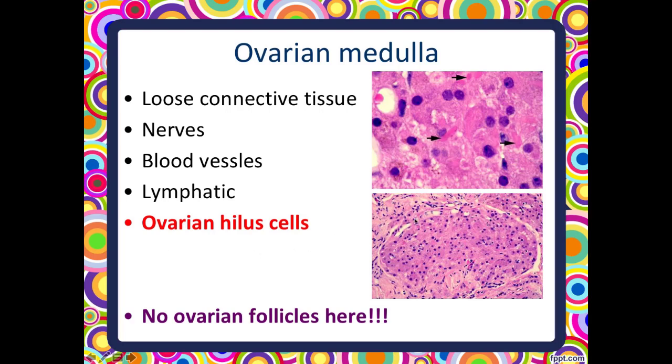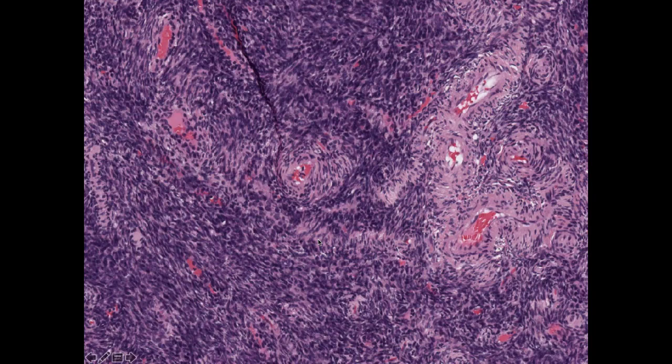They are slightly eosinophilic, containing Reinke crystalloids, and they create accumulations or nests, and they produce some amount of androgens. So the most important information is that you cannot find any ovarian follicles in the medulla.